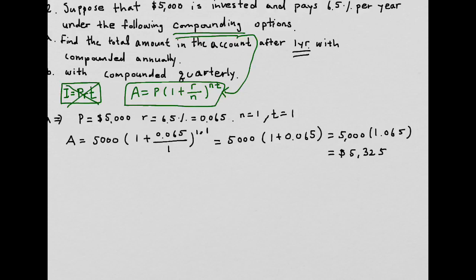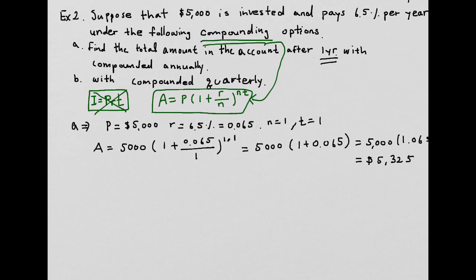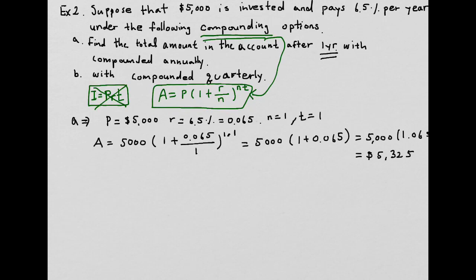And that's the total amount, your principal plus the interest. Because your principal was 5,000, your interest is 325 if you compound annually.